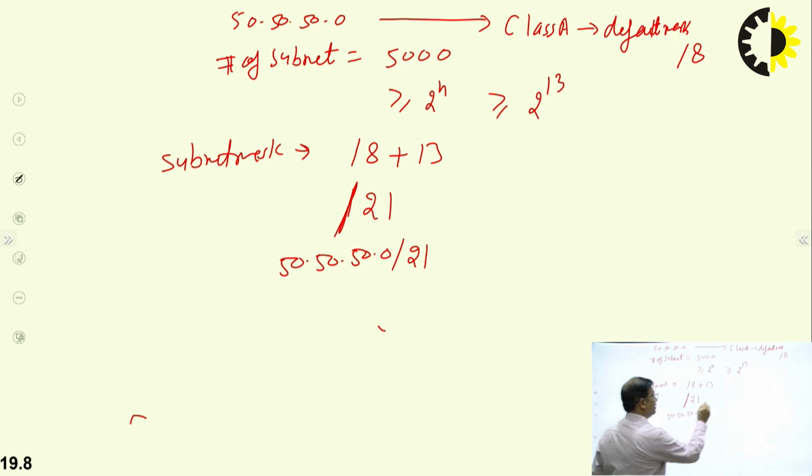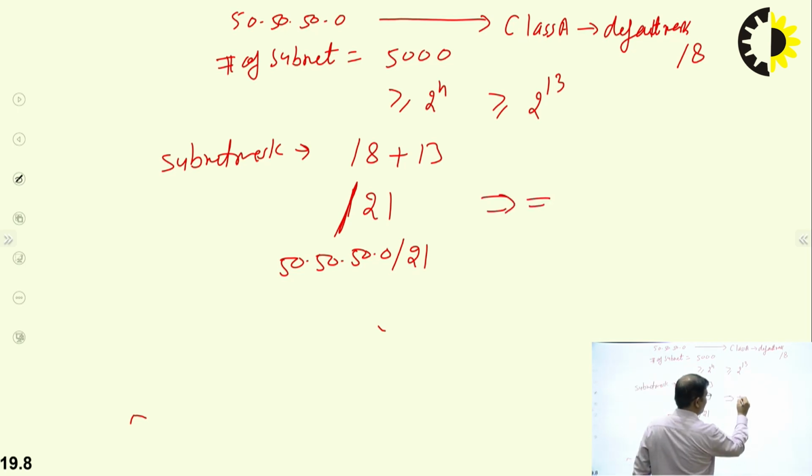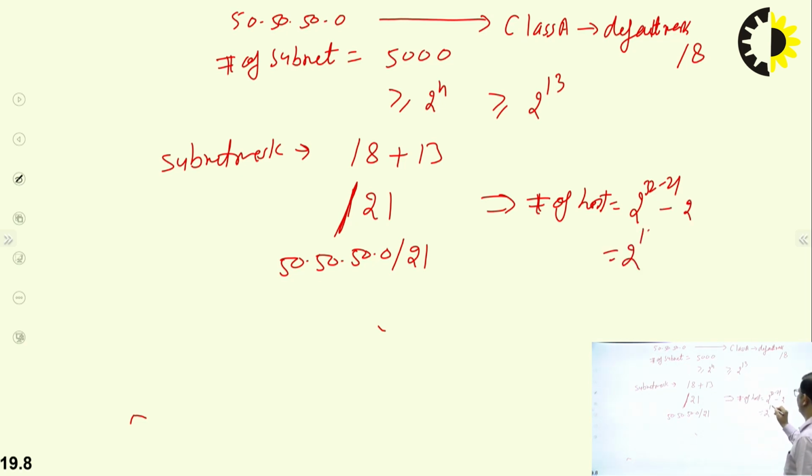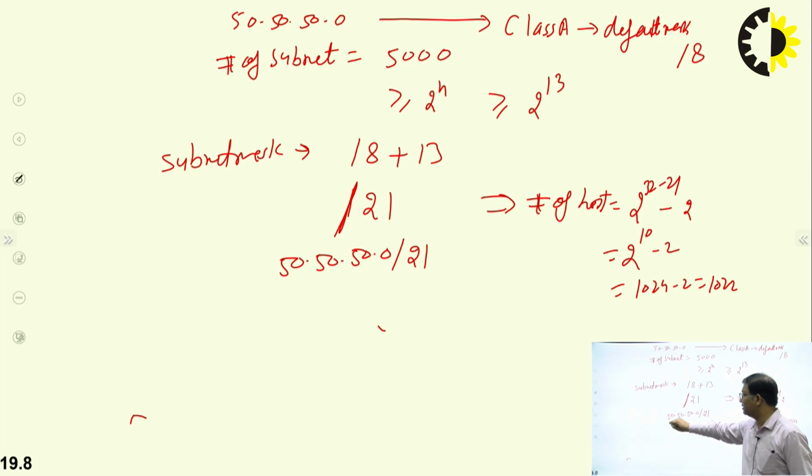So to calculate the number of hosts, it is 2 to the power 32 minus 21, minus 2, which is 2 to the power 11 minus 2. It means 2048 minus 2, it means 2046. We can have that many hosts in a subnet if we keep this IP address and subnet mask.